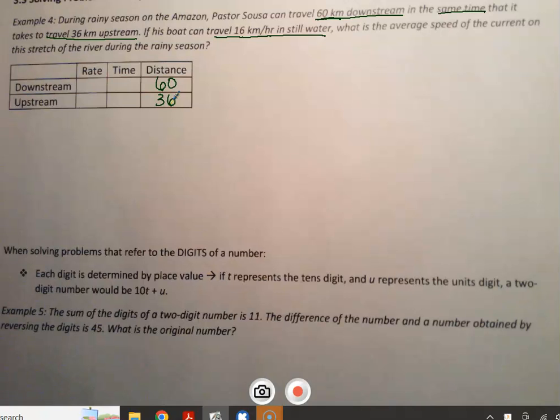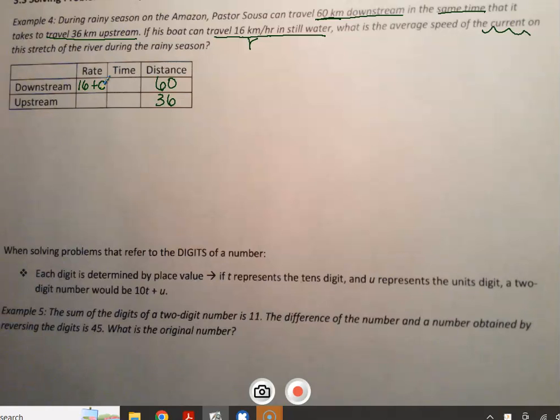Okay, so this is implying that there is a current, right? It's implying that there's a current that's going to speed him up or slow him down. Because we know his rate is here, if he's going downstream, his rate is going to be 16 kilometers per hour, and then is the current going to speed him up or slow him down? Hopefully you said speed him up. So this would be 16 plus the current, however fast the current is going.